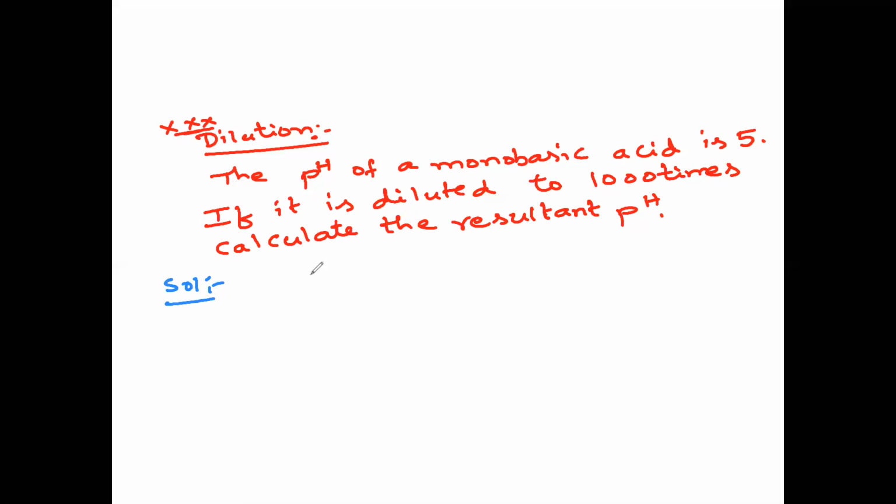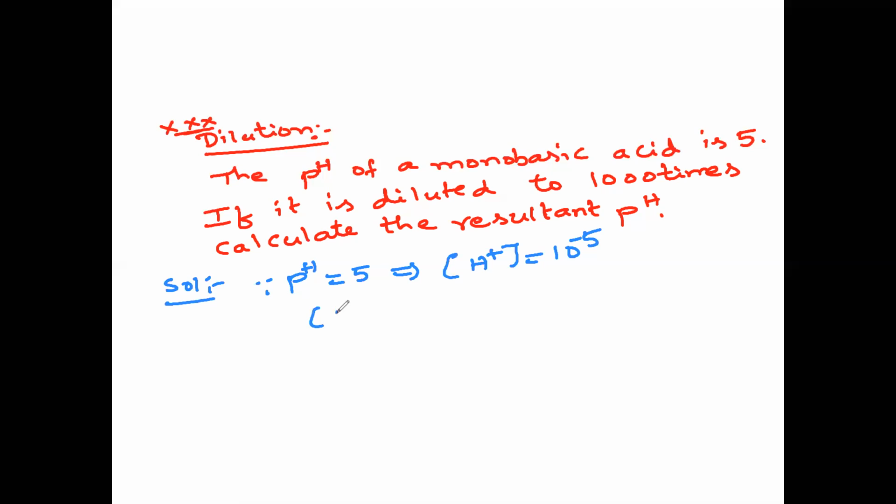As usual, since the pH of the monobasic acid is 5, it implies the H plus concentration is equal to 10 to the power of minus 5.